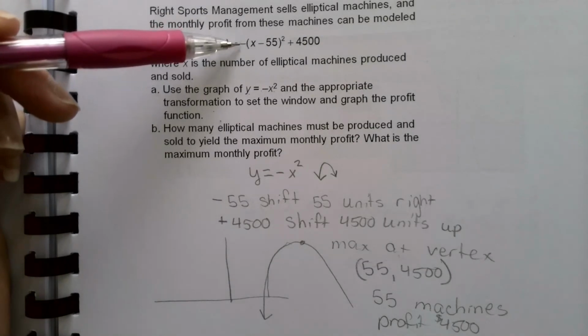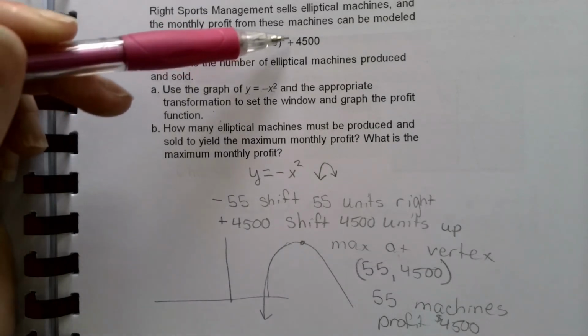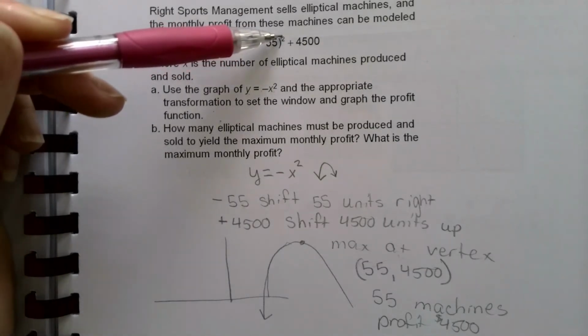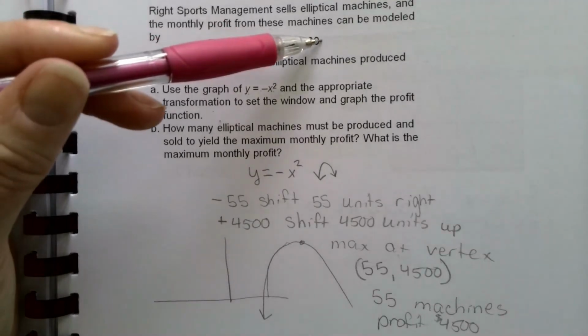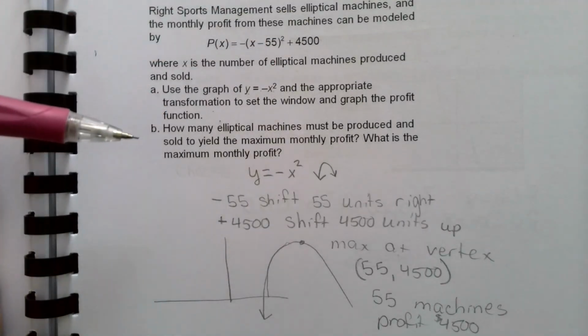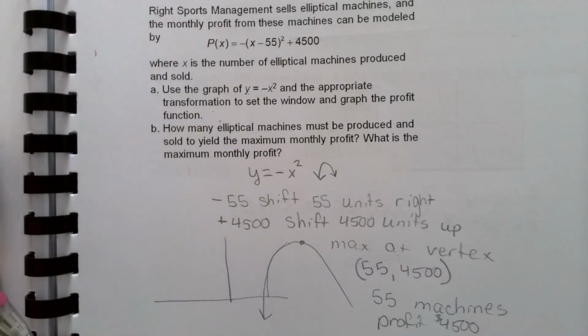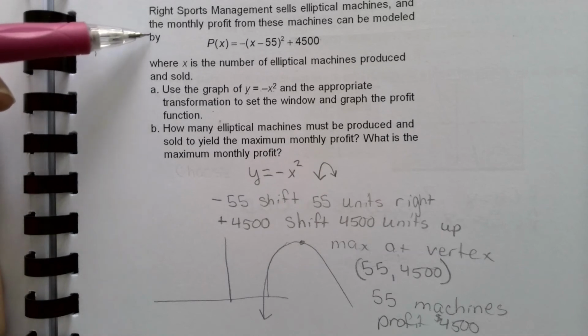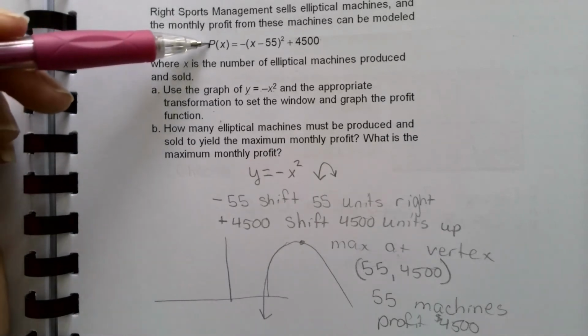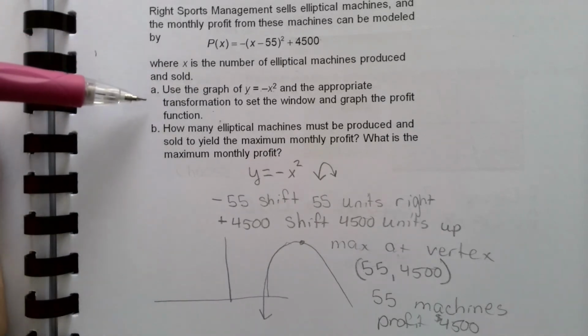So here notice how this negative is just in front of that squared part, and then you have your 4,500 that's stuck off to the end. So each part of this is a translation or a modification to where the graph of that equation goes.